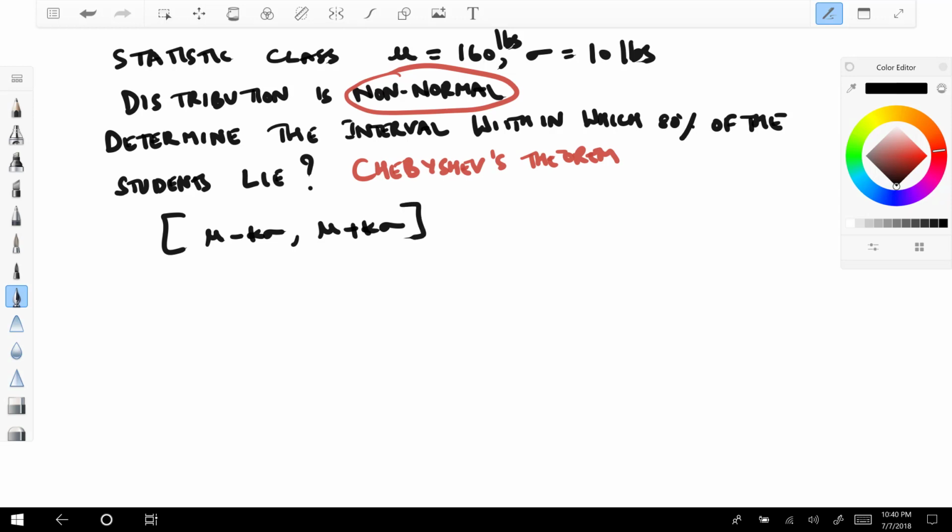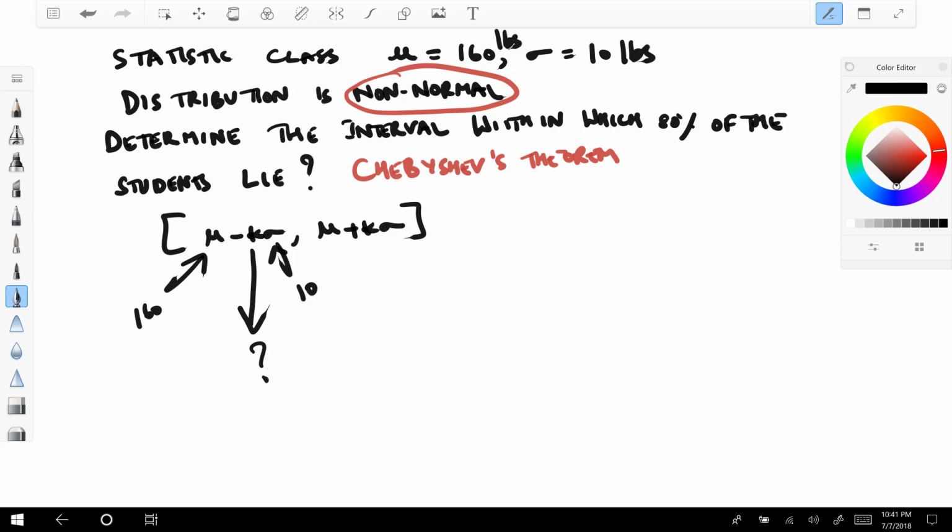So I have a mu value which is 160. I have sigma which is 10. And I need k, so I have to calculate k. So what is my k?